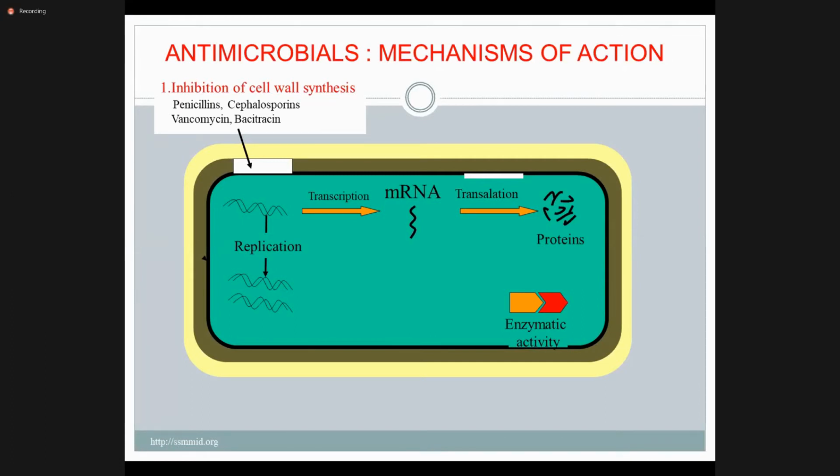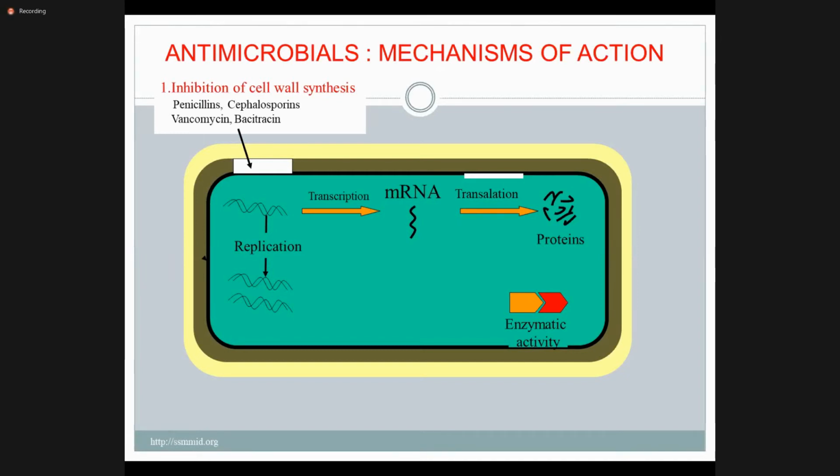Then the nucleus: at the nucleus level, there is a group that acts and inhibits the synthesis of DNA and RNA by inhibiting nucleic acid synthesis, right? So you must know the different groups of antibiotics on the basis of their site of action, where they are acting in the bacteria.